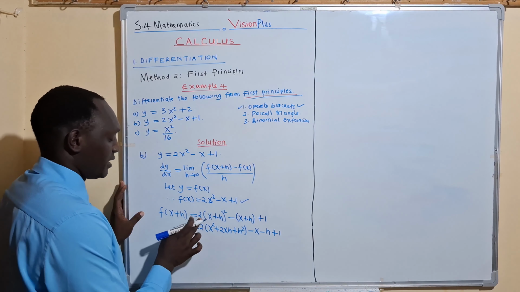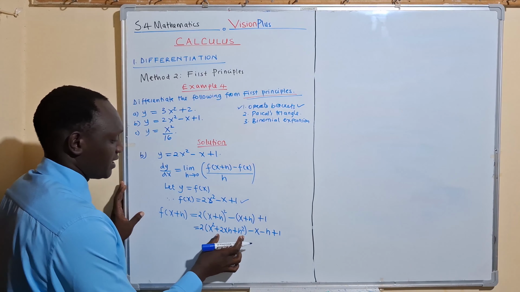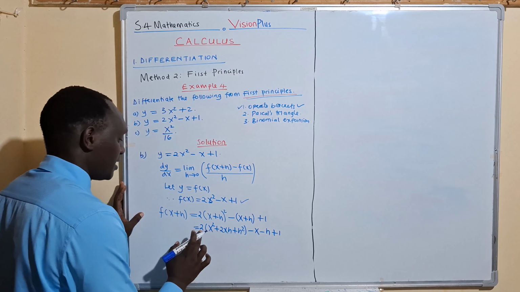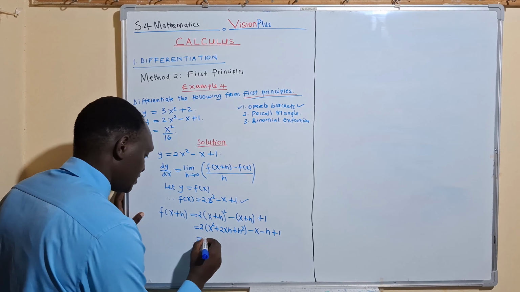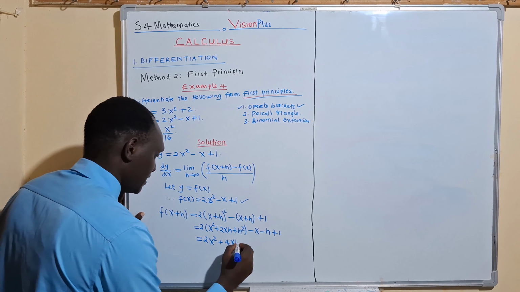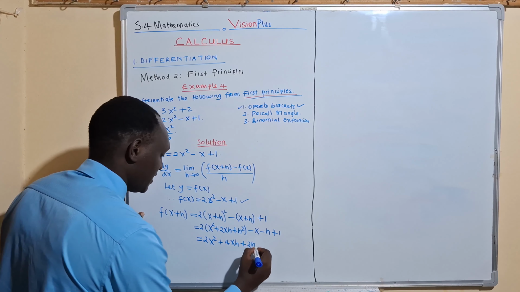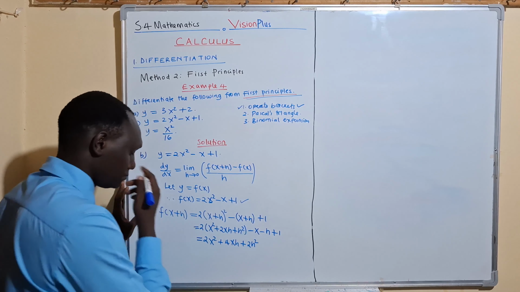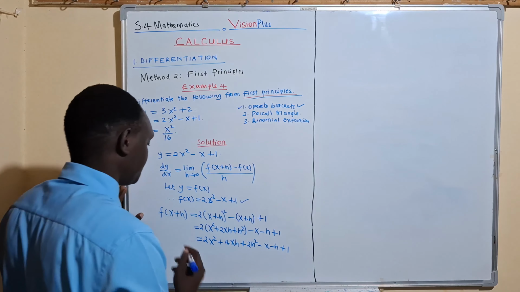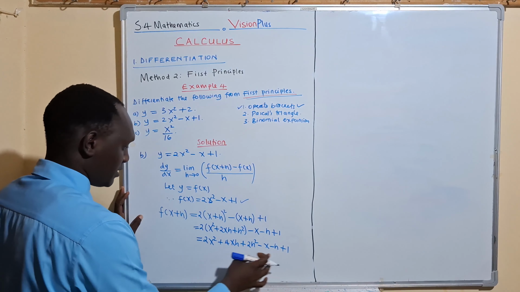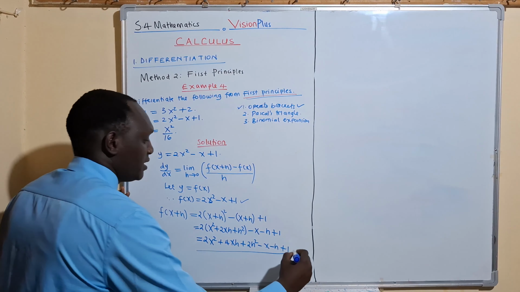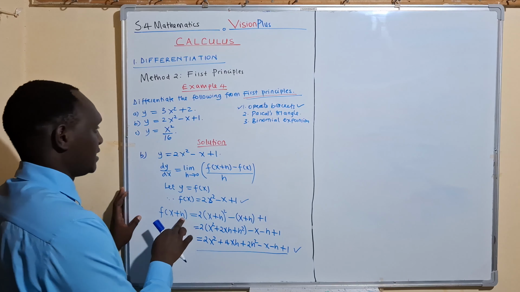Now, remember the 2 multiplies the first term. So let us expand the bracket further by multiplying by 2. This gives us 2x squared plus 4xh plus 2h squared minus x minus h plus 1. If you look here, there are no like terms. So this is the expression for the function f of x plus h.